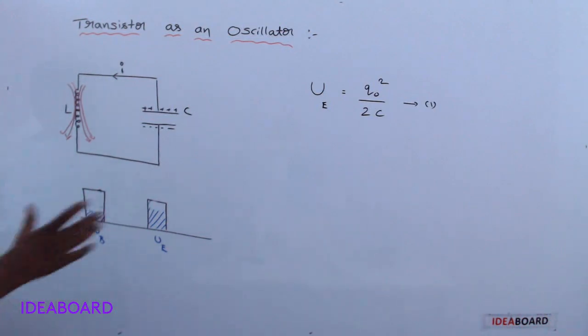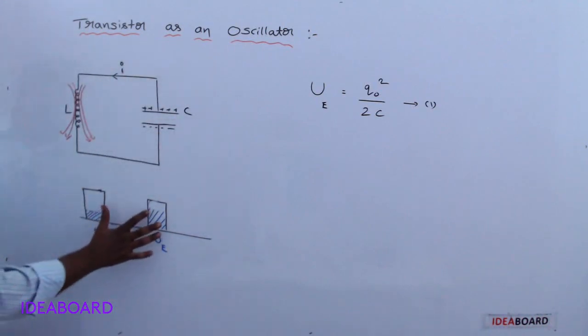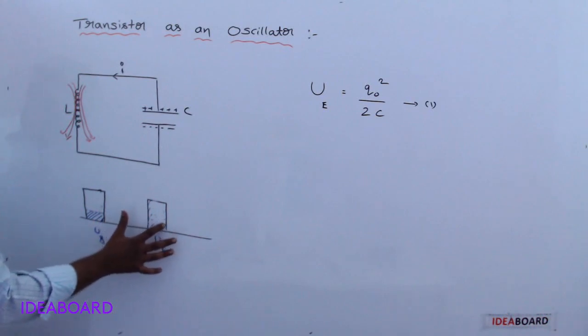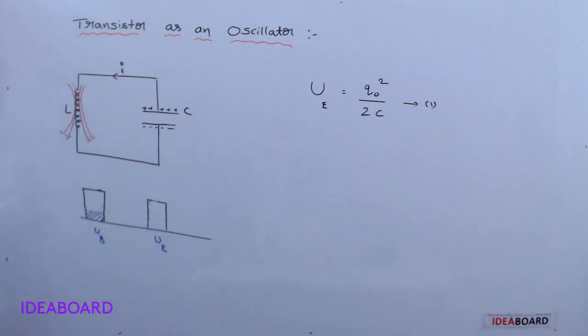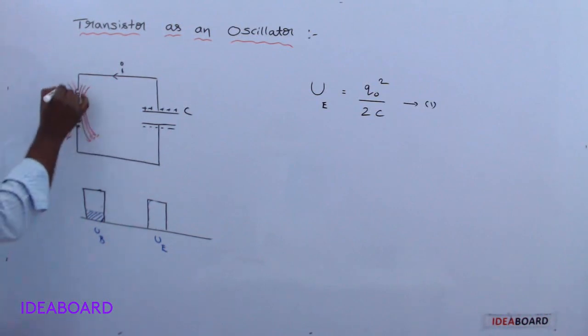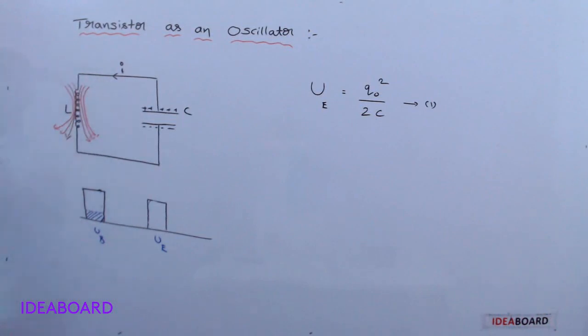Understand now? After some time, what happens? The energy stored in the capacitor completely becomes zero. So UE is zero. Then the magnetic field around the inductor reaches its maximum value.